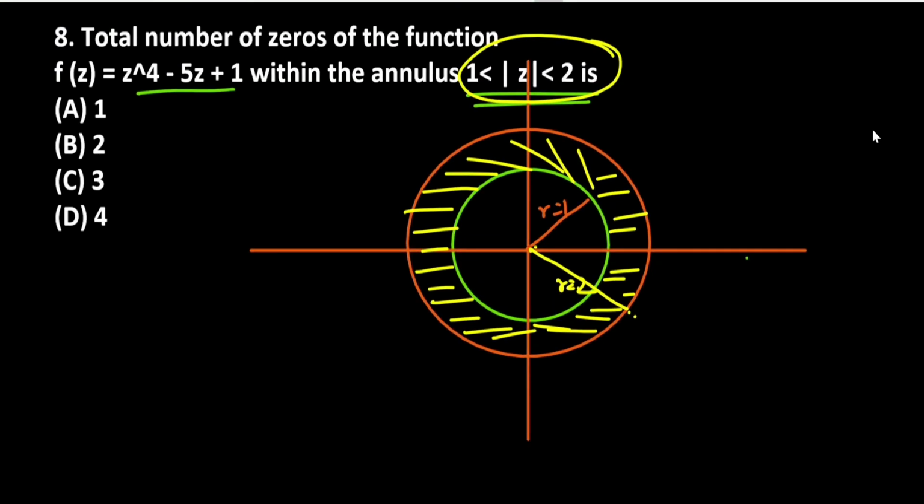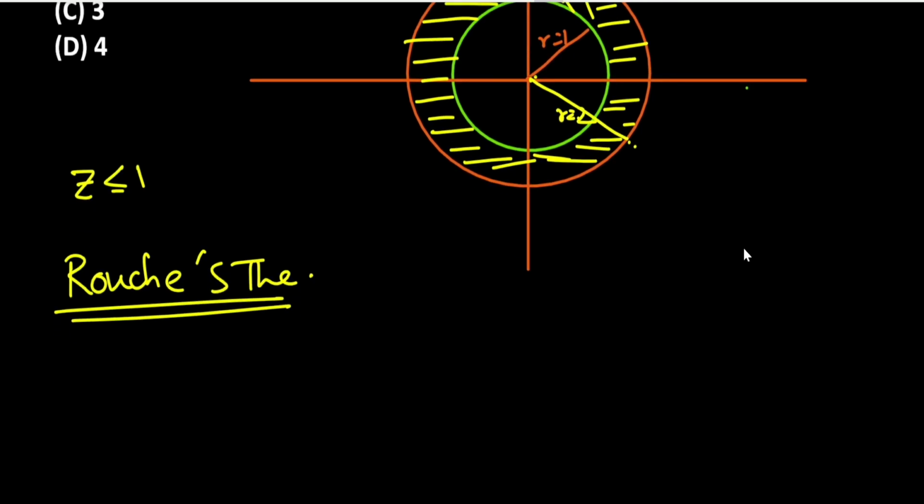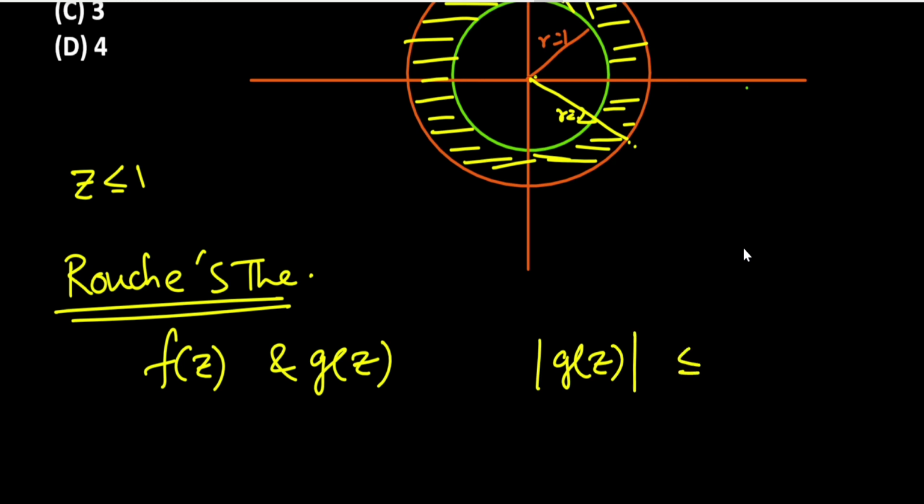Now we first find the zeros for mod z less than or equal to 1. We use Cauchy's theorem here. Cauchy's theorem says that if f(z) and g(z) are two analytic functions inside and on a simple closed curve C, and if mod of g(z) is less than or equal to mod of f(z), then f(z) and f(z) plus g(z) have the same number of zeros.